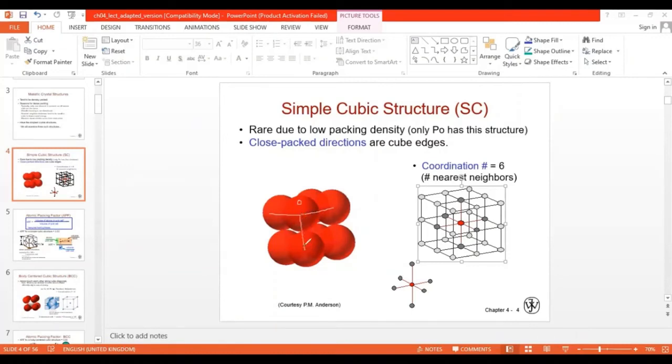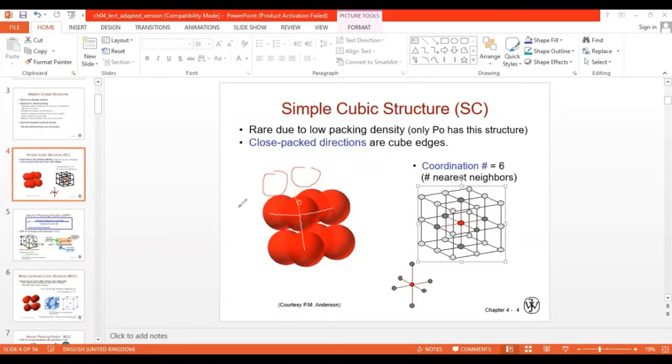And if I place another layer of atoms here, this will be in contact with the atom on the top also. So this atom also it will be in contact with, and this will be in contact with an atom on this side.